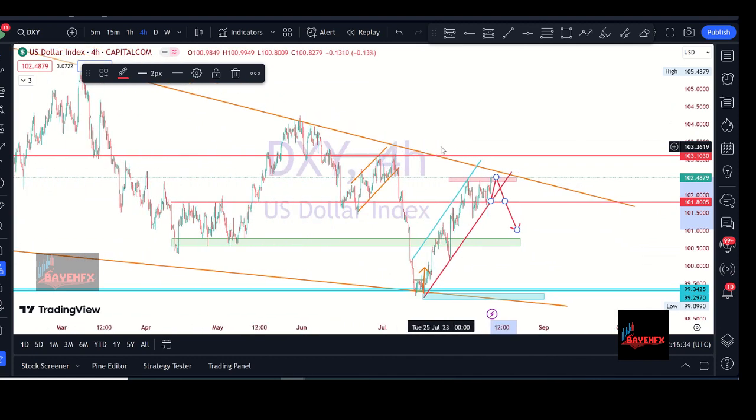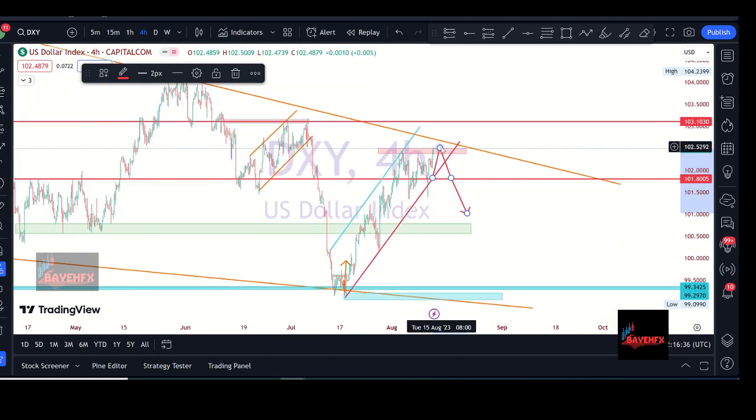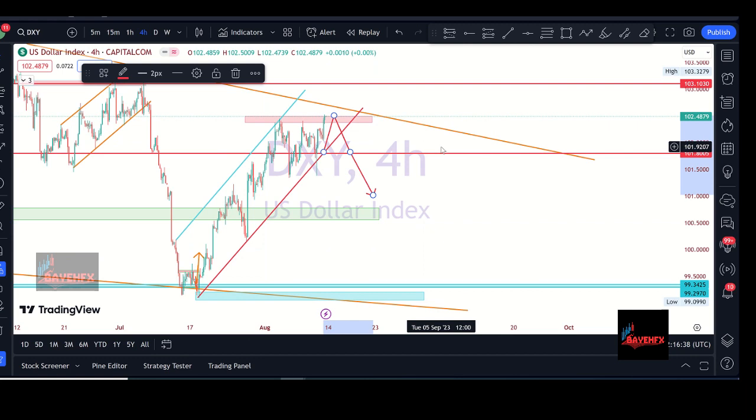That's a quick review for the US dollar index. We already know where the direction of the market is going, right? Right now we are bullish, and last week we got a double top rejection here until the market gave us that bullish push, the last news that came on Friday, right?